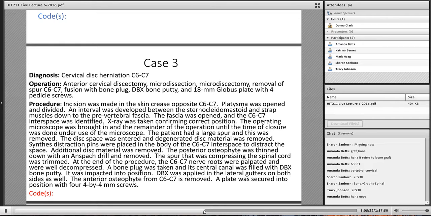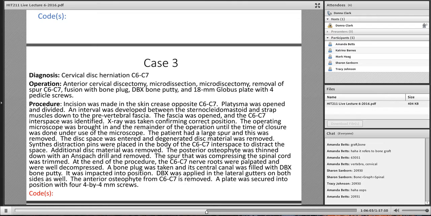Let me see what that 63051 says. All right, 20931 would be correct.